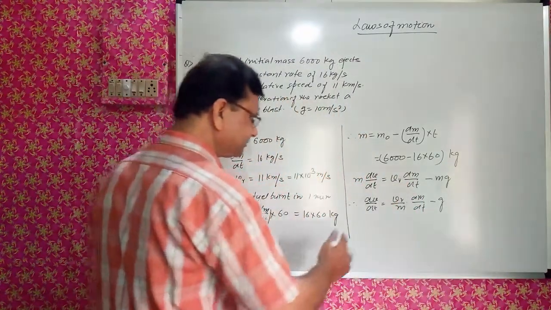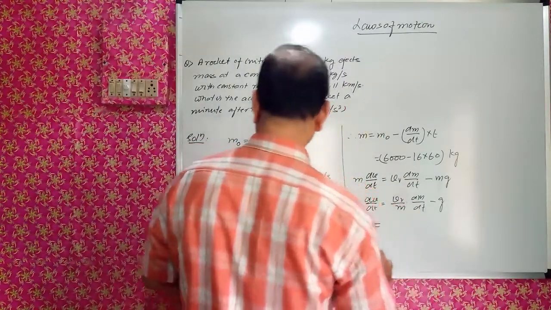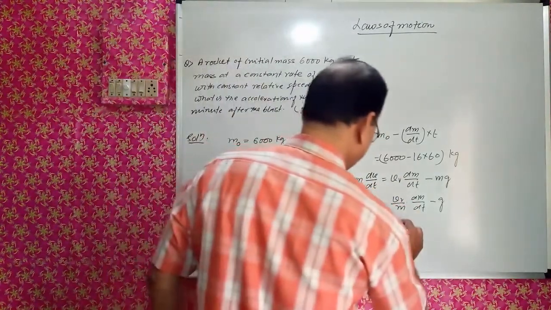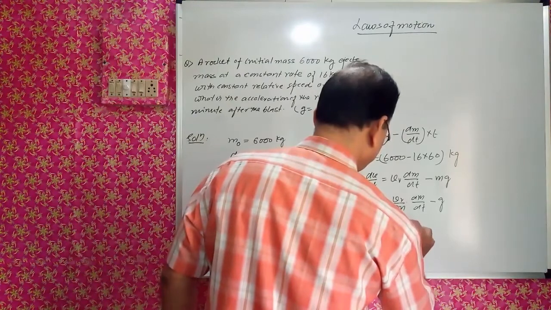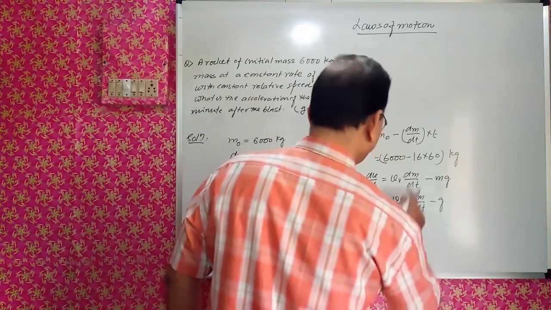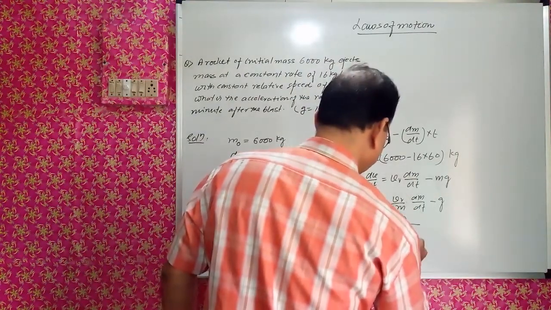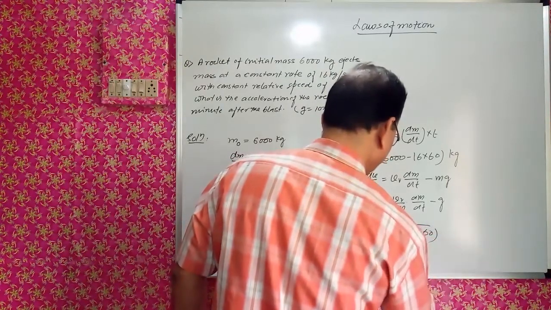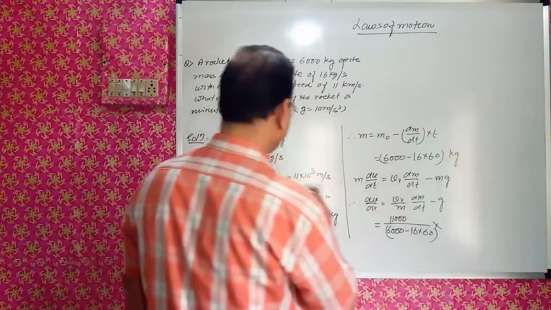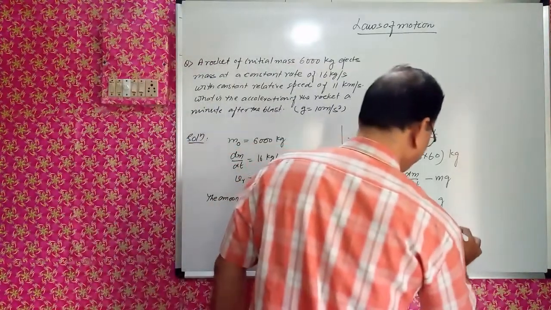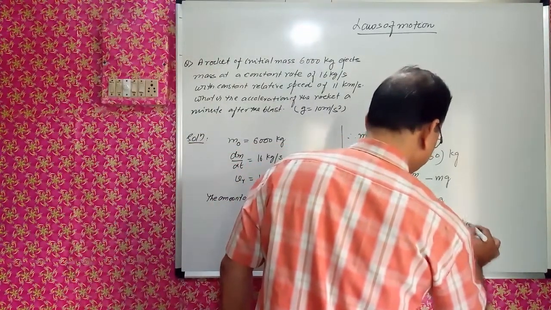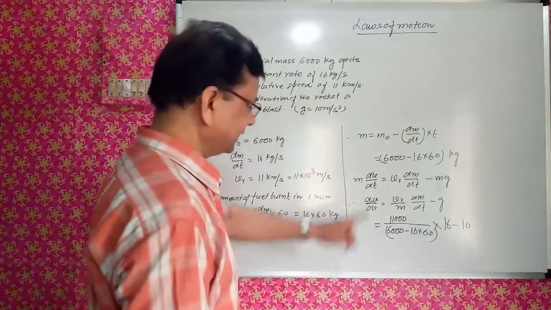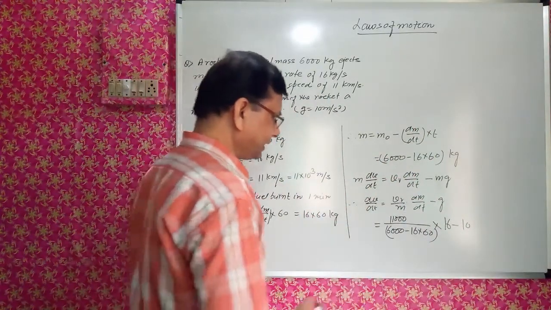So put the values: Vr is 11,000, upon m, which is 6,000 minus 16 into 60, into dm by dt, again it is 16, minus 10, g is 10. Solve it and you will get the answer.